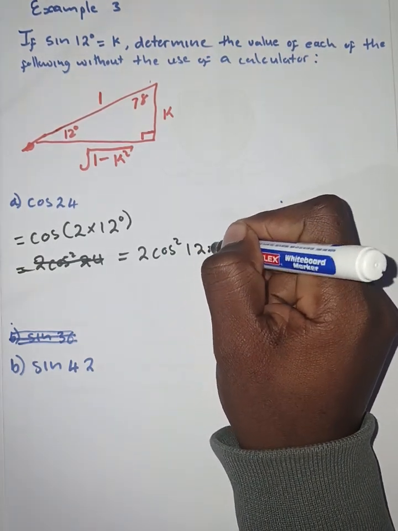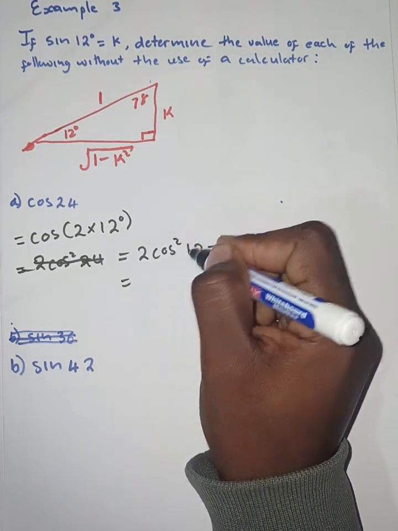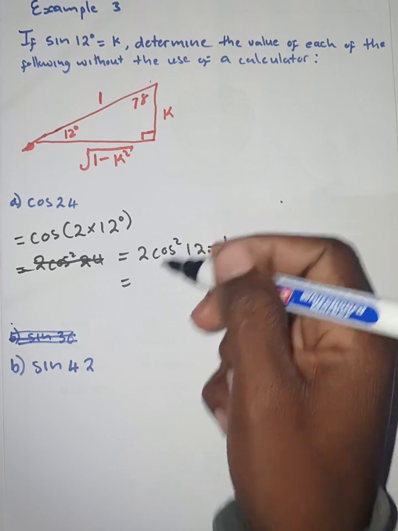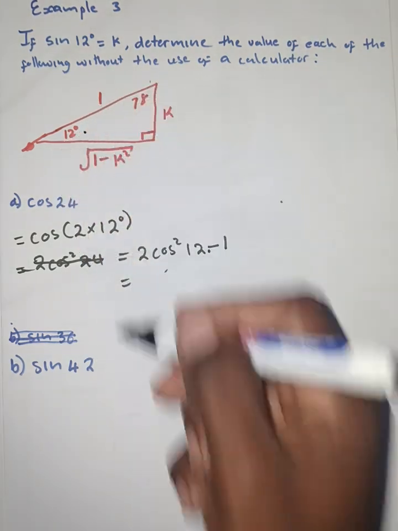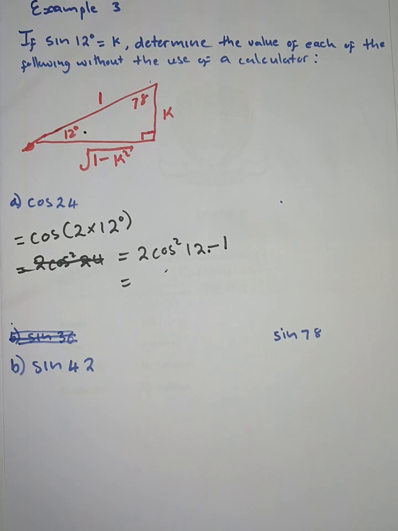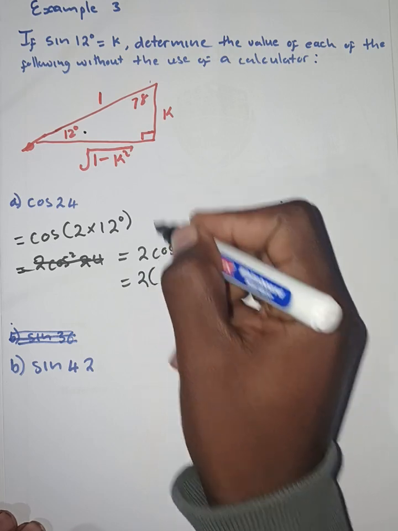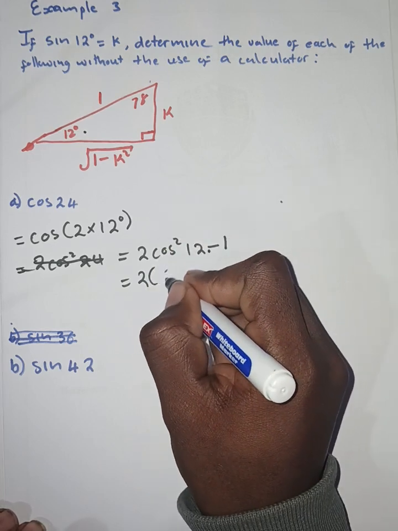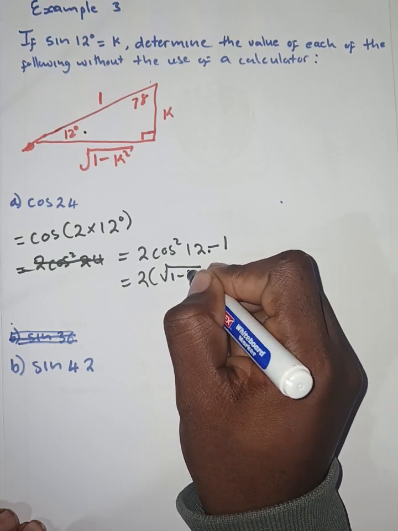We know the value of cos squared of 12 in this case, because if we are standing there, the definition of cos would be the adjacent over the hypotenuse. So this would be 2 times, in this case, 1 minus k squared.